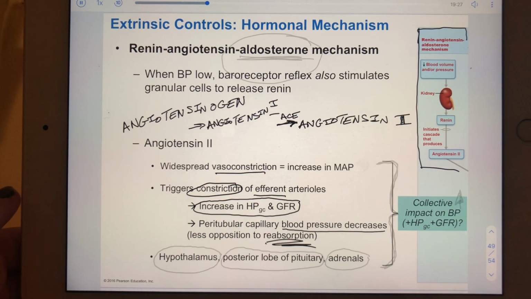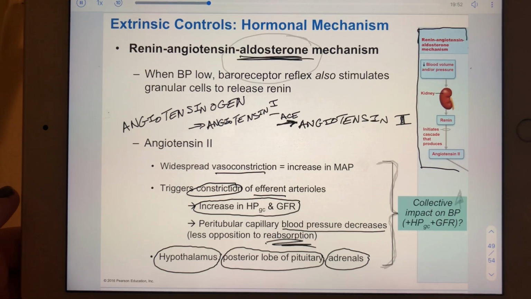We also know that angiotensin 2 stimulates the thirst center of the hypothalamus, stimulates the posterior lobe of the pituitary gland to secrete, that's right, ADH, and stimulates the zona glomerulosa in the adrenal cortex to release, that's right, aldosterone.